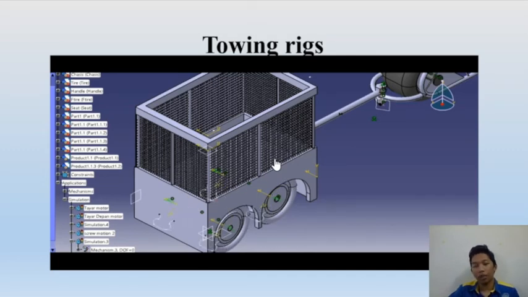Basically the movement of the simulation is exerted based on the force and the speed from the smart transporter.